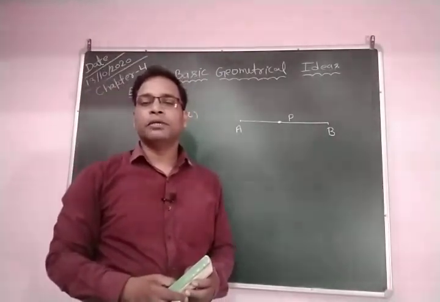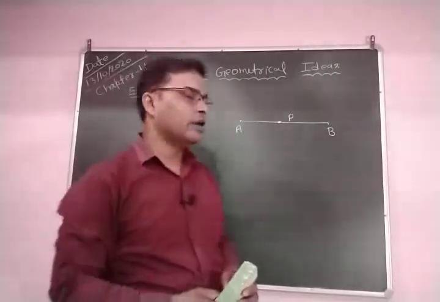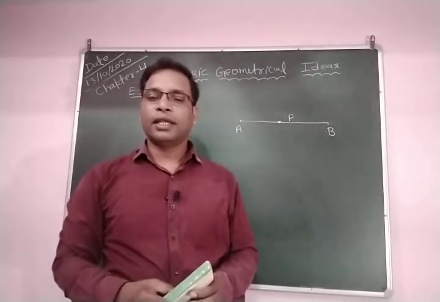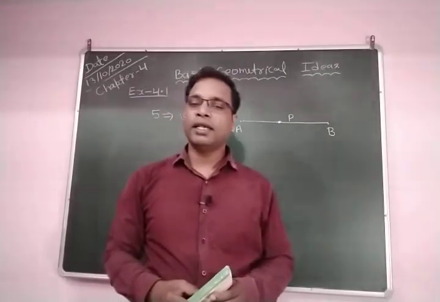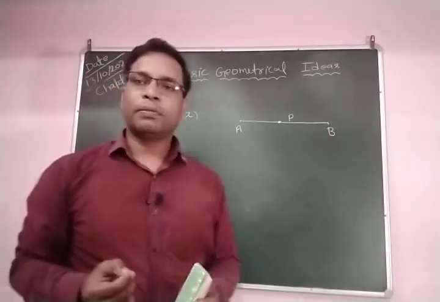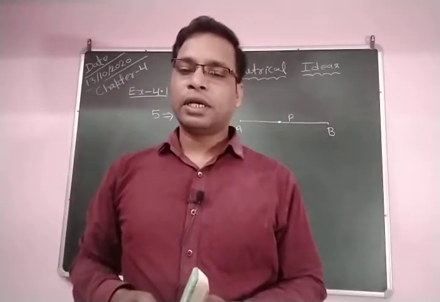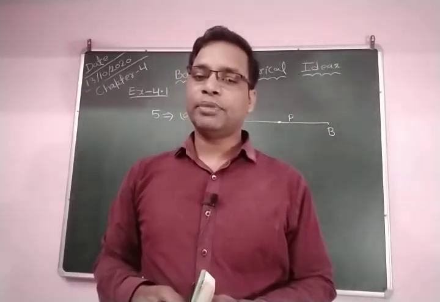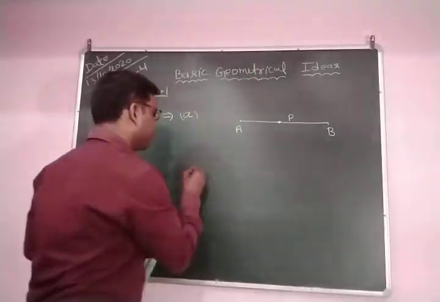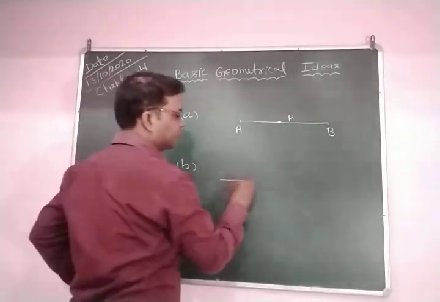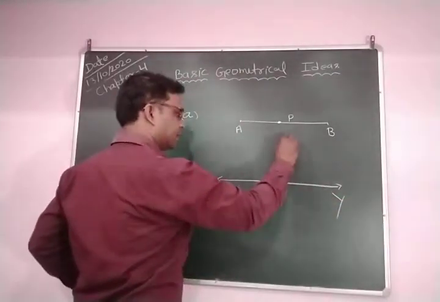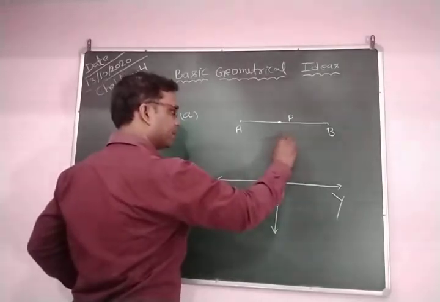Now part B of question number 5: draw line segments XY and PQ intersecting at point M. So first we draw line XY and PQ, and they intersect at point M. This is line XY and this is line PQ.